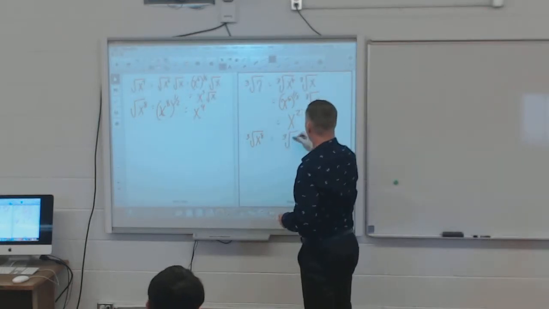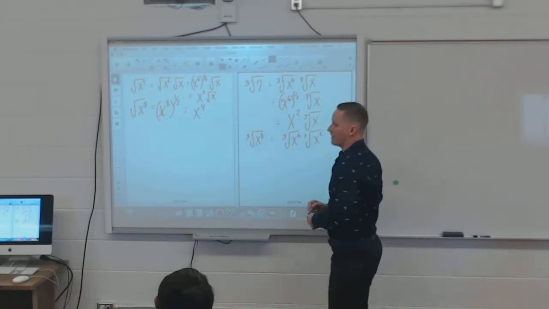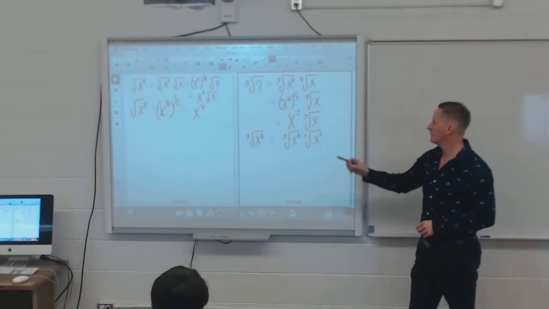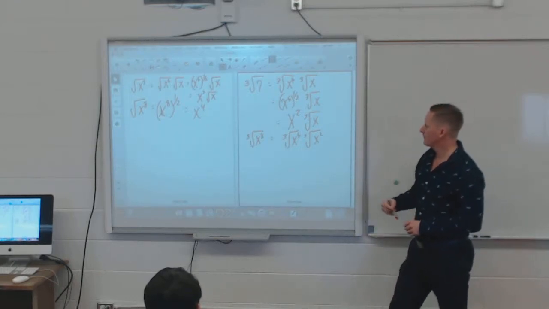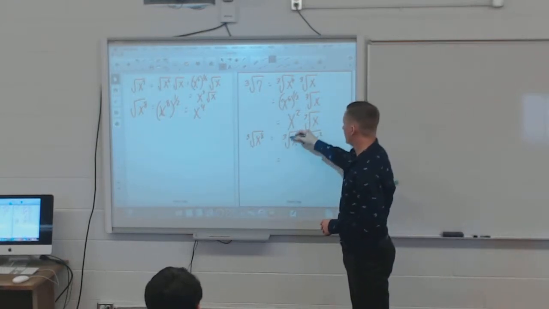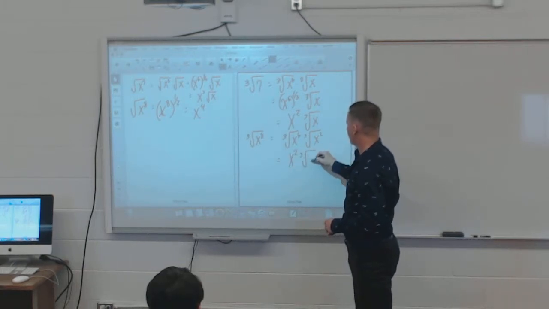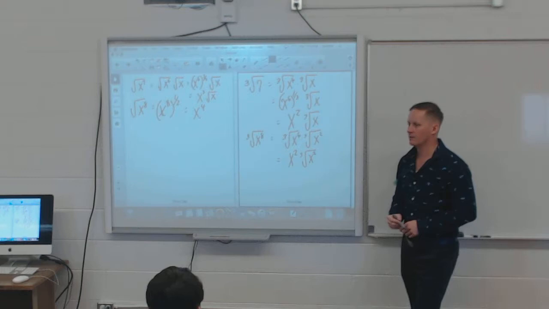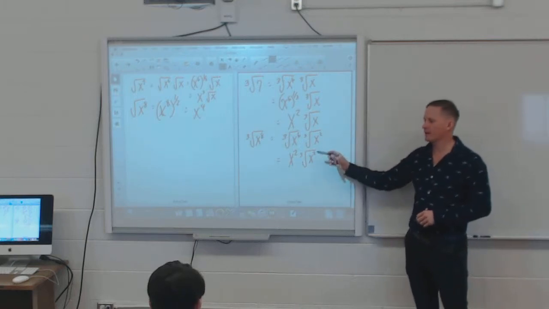So that's going to give me cube root x to the 6th, cube root x squared now. 6 add 2 gives me the 8. So what is this? X squared, cube root x squared. So you just leave the second one alone? Yes. If it can't be broken down, I leave it as is.